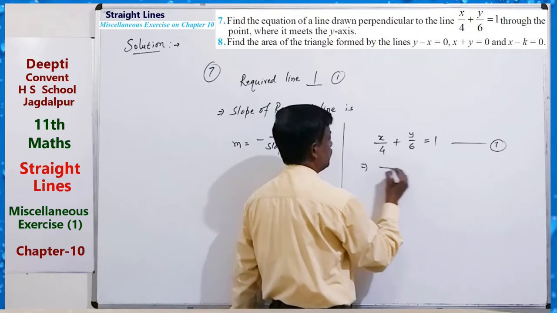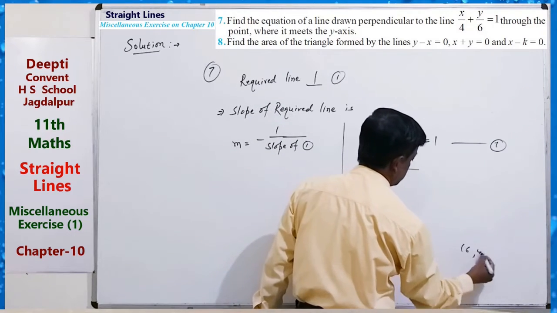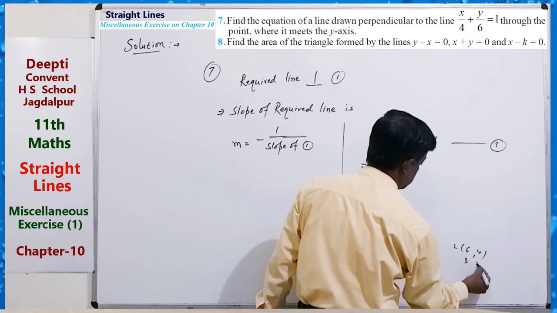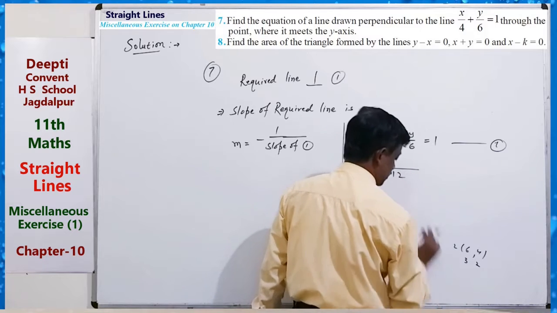For finding the slope, take the LCM of 4 and 6, which is 12.